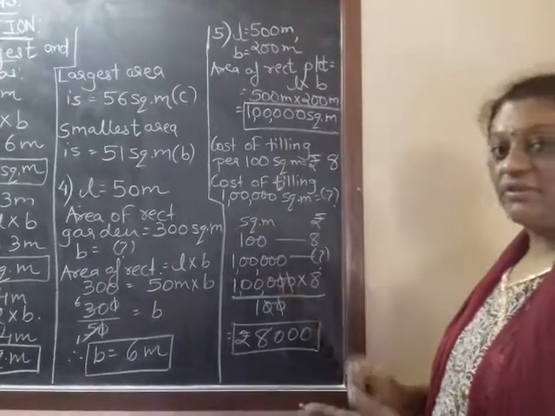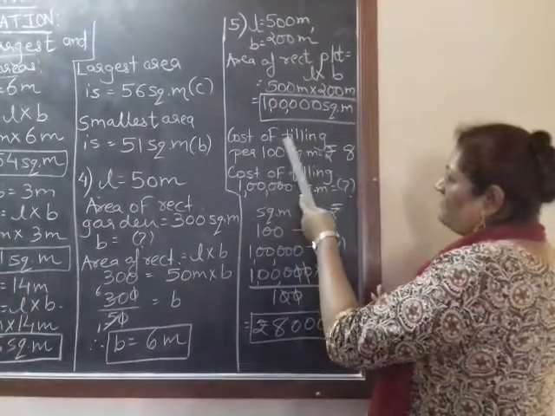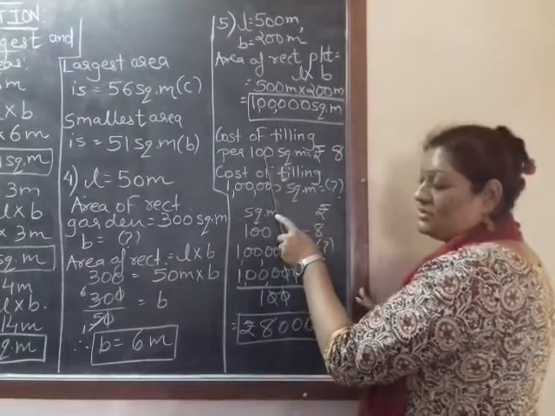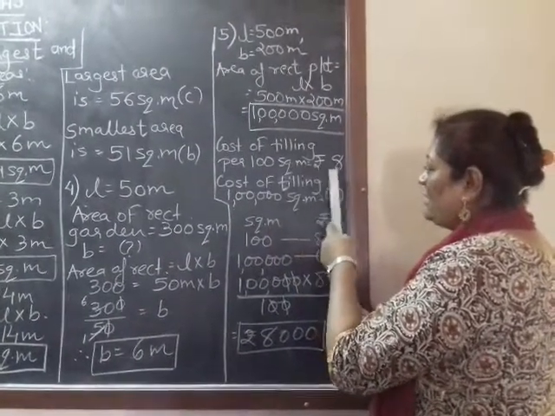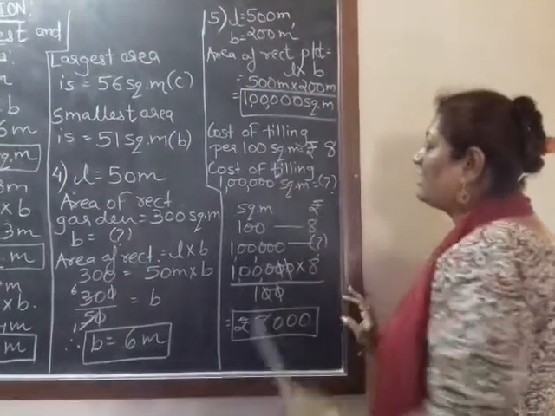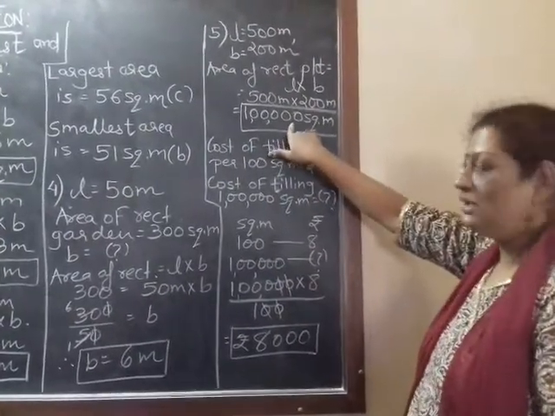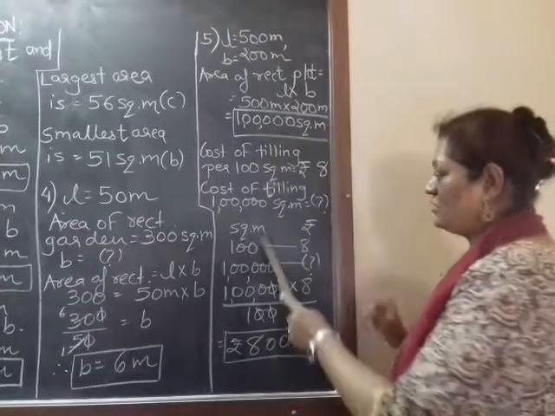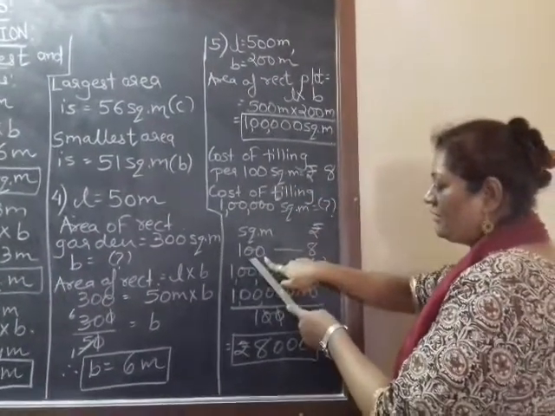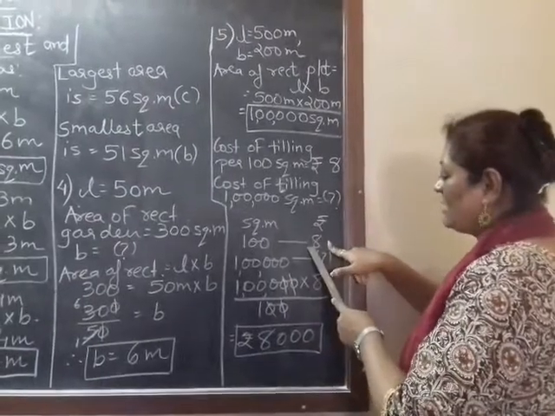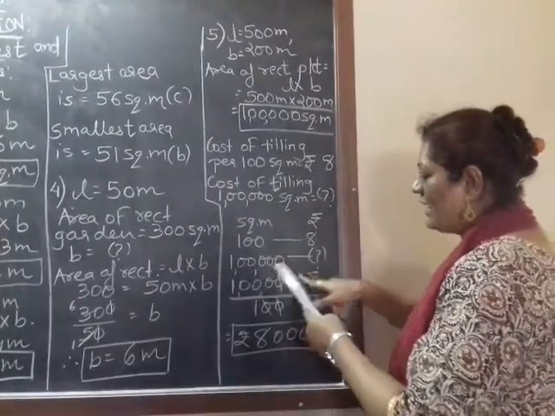Now the thing you need to concentrate on here is that the cost of tilling is per 100, not per square meter. So per 100 square meter is rupees 8. So what will be the cost of tilling a 1 lakh square meter rectangular plot? So square meter and rupees. Per 100 square meter, how much are they charging? 8 rupees. So for 1 lakh, how many?